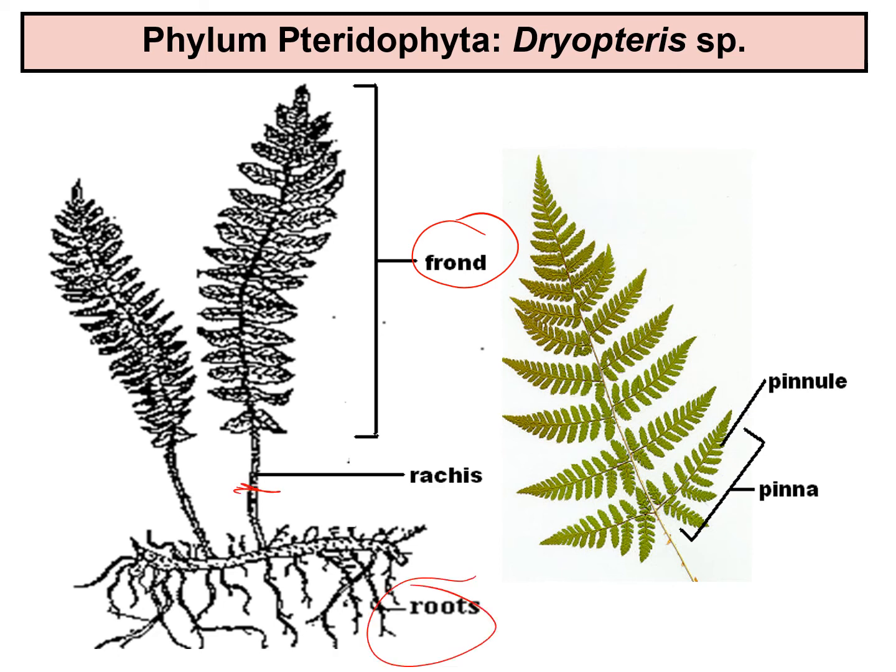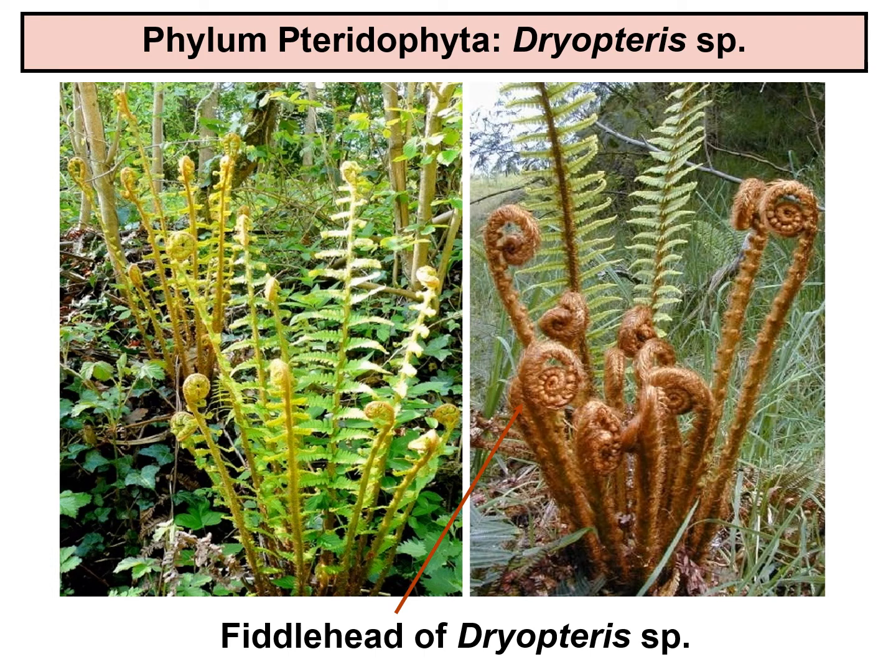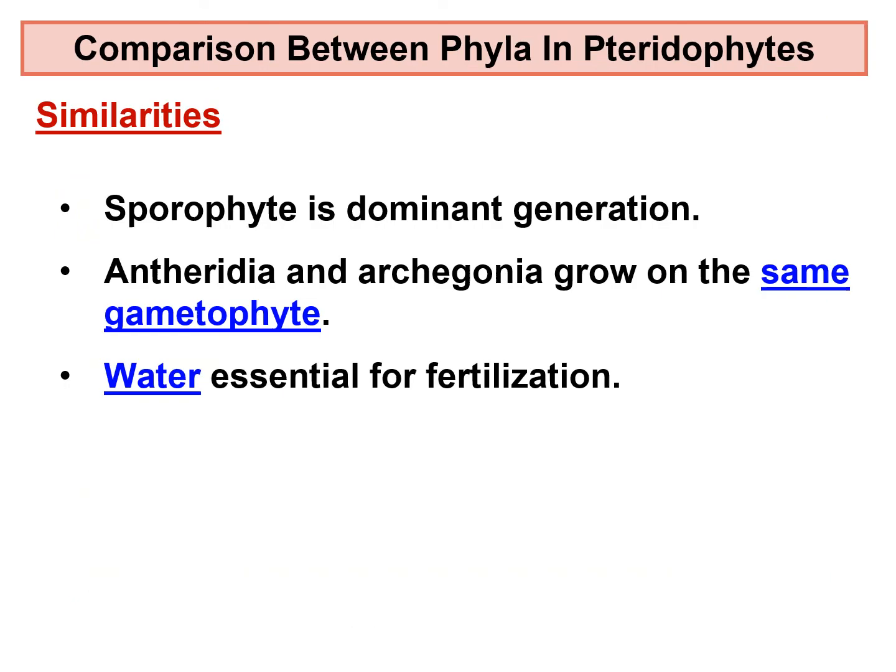Dan pecahan-pecahan frond ni ada pinnule, dan ni pinna, satu bilah, dan pecahan lagi pinnule. The fiddlehead, kalau ada tempat panggil pucuk midin ataupun pucuk paku tu, okay, tu fiddlehead. Ni pokok paku pakis besar, paku pakis gajah panggil.